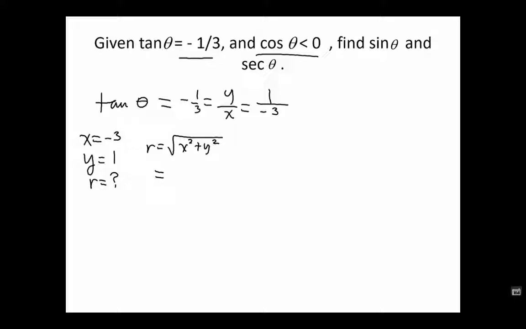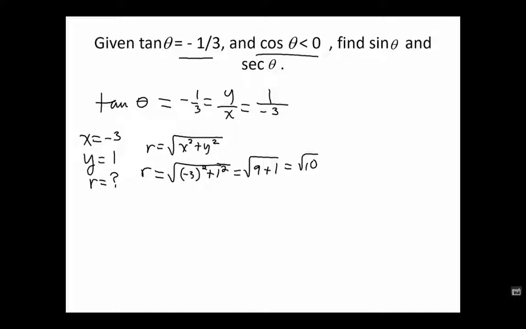So this is the square root of x is a negative 3, so that's a negative 3 squared plus y. Y is 1 squared. So what do we have here? We have the square root of 9 plus 1, which is the square root of 10. So r is the square root of 10.